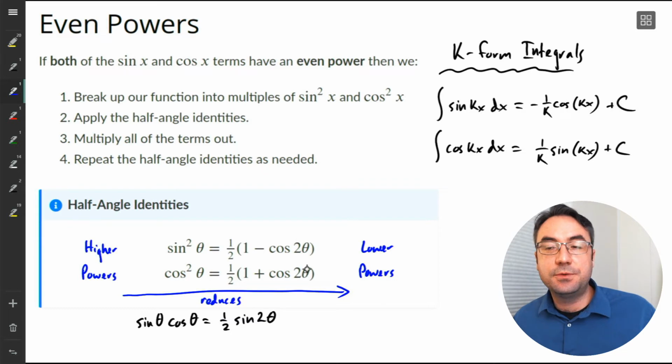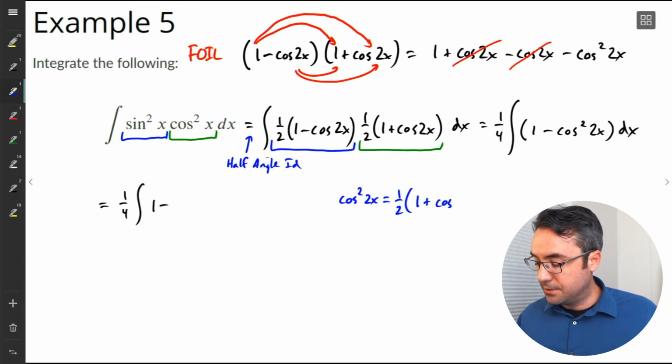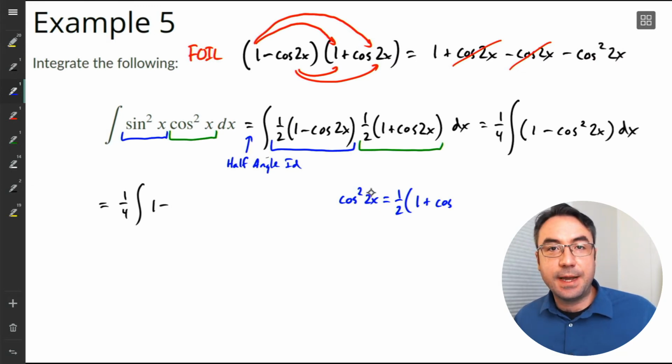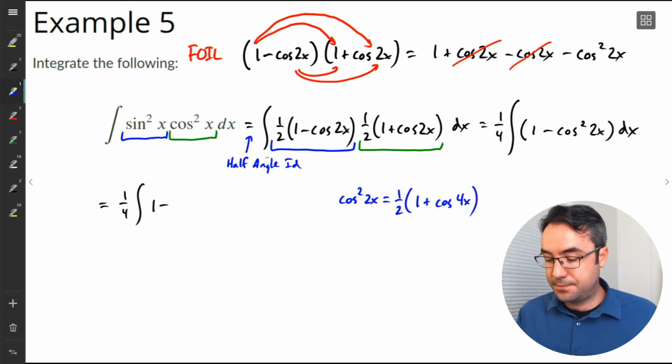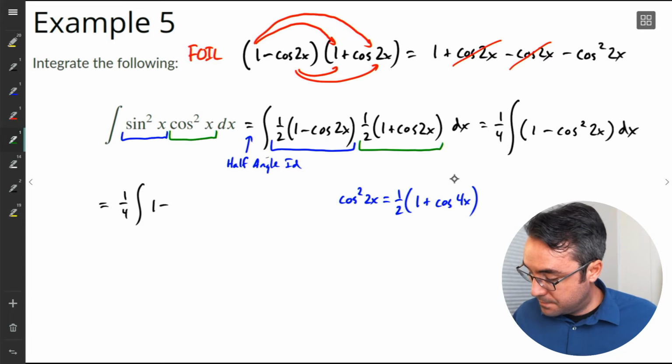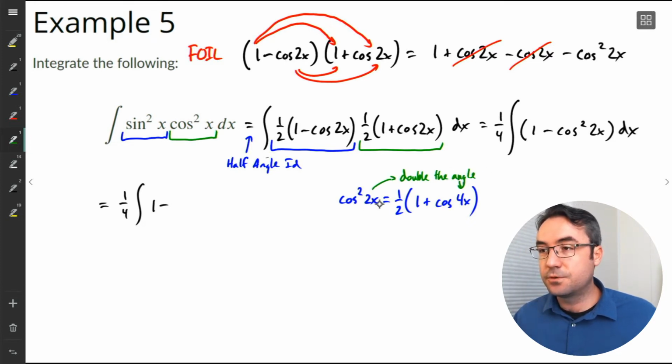So it becomes 2 times that angle. Over here, we're going to take this entire angle, the 2x, and double that. So it'll be 4x. It goes from a 2x up to a 4x.